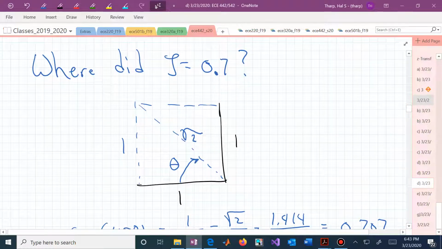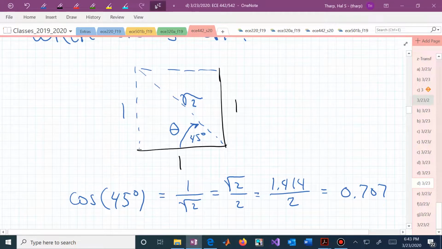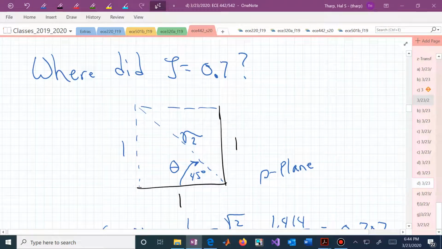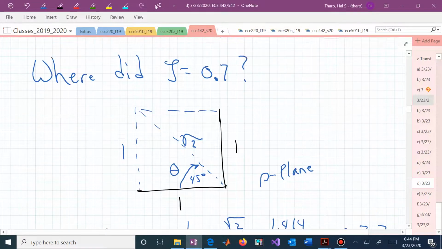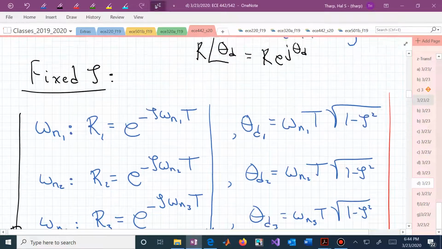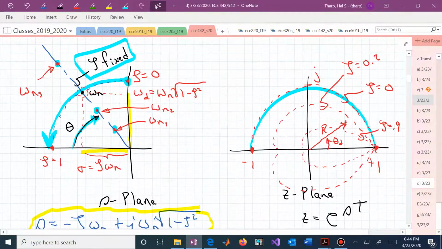So if we had an angle theta equal to 45 degrees in the S-plane, that's going to give us this Goldilocks value. So that's where you can keep track of this zeta value of 0.7, this nice value, and where that might be relative to zeta equal to 0.